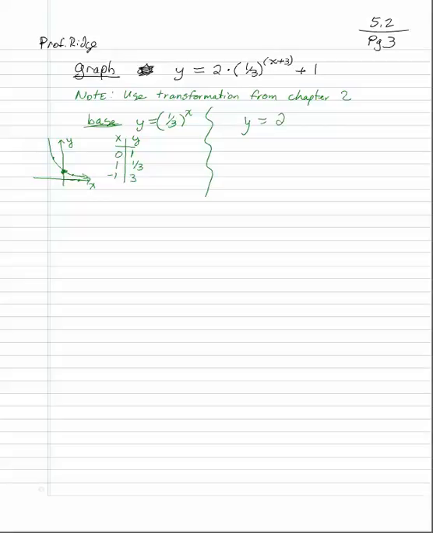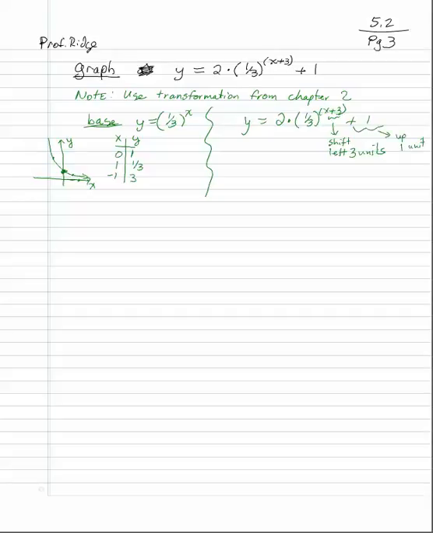Now for my transformations, y equals 2 times (1/3) to the x plus 3, plus 1. The plus 3 here, we're going to shift left 3 units. The plus 1 here shifts it up 1 unit.